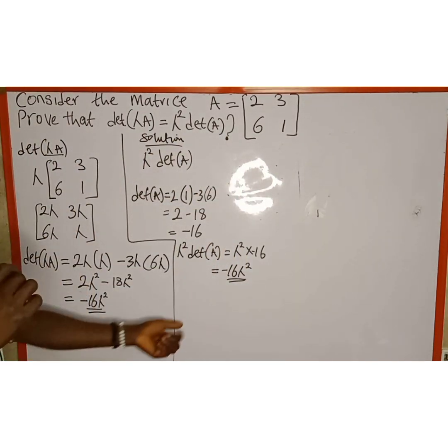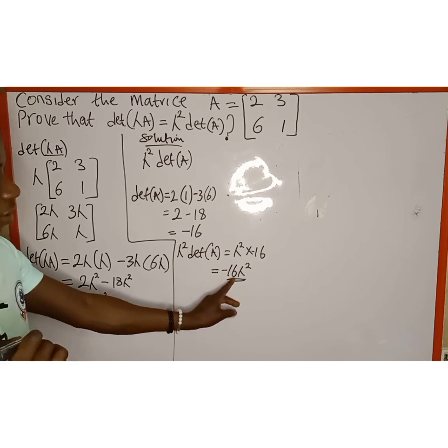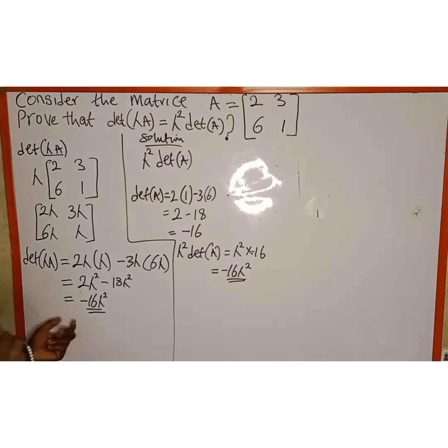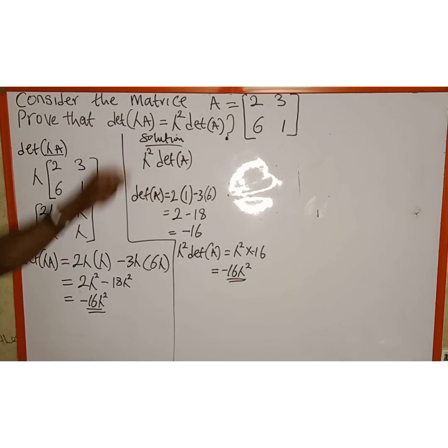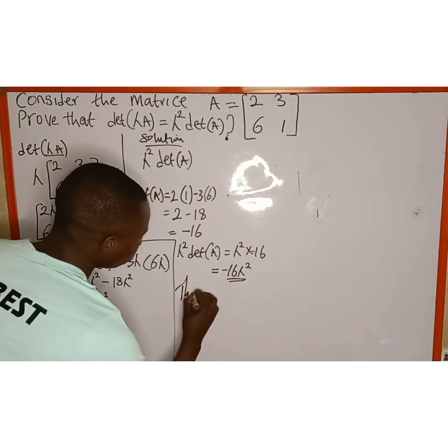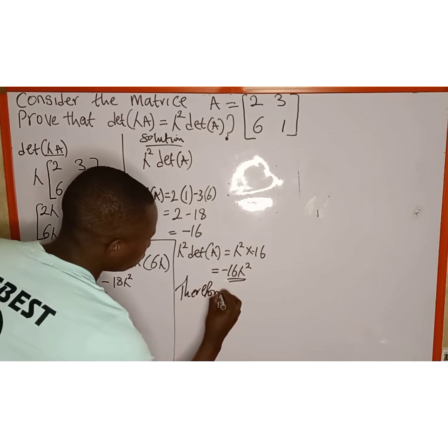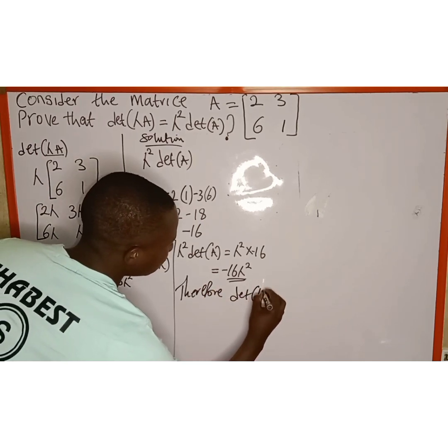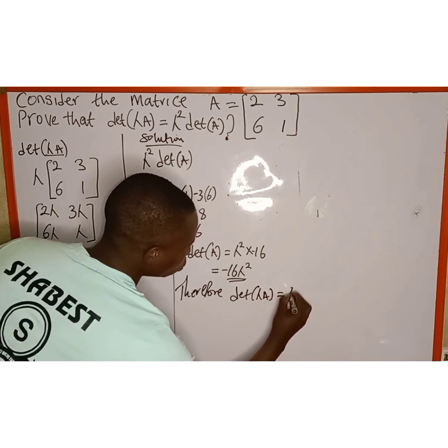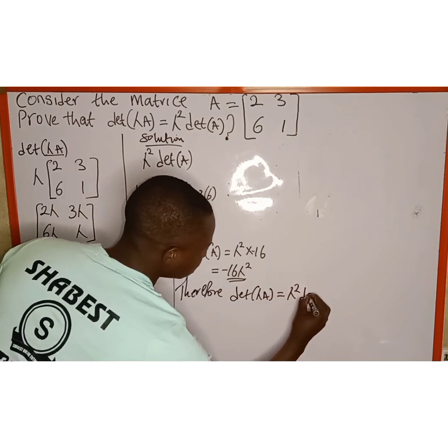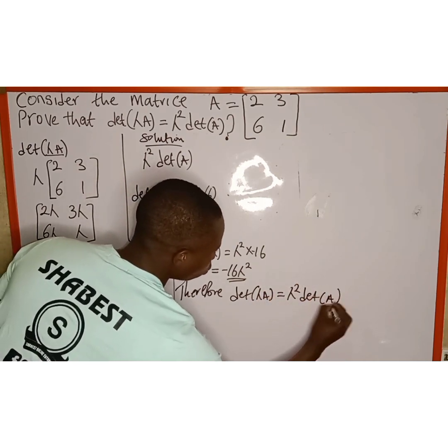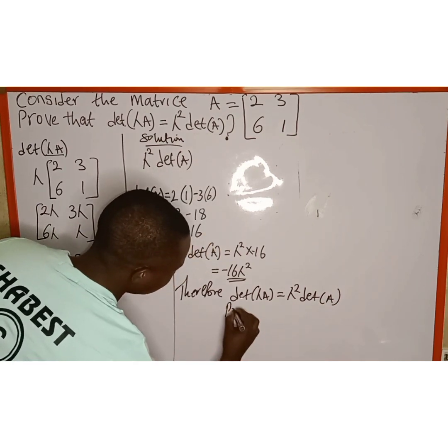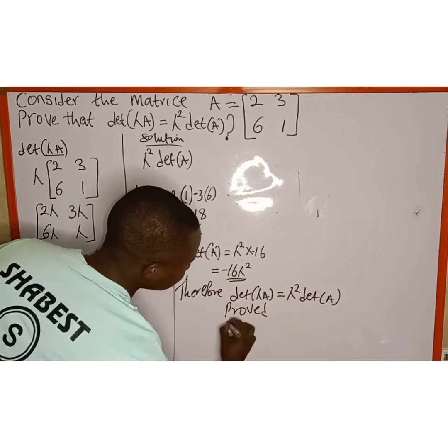If you check, the result of our right hand side is negative 16 lambda squared, and the result of our left hand side is also negative 16 lambda squared. So therefore, the determinant of lambda A is equal to lambda squared times the determinant of A. So we have proved that the left hand side is equal to the right hand side.